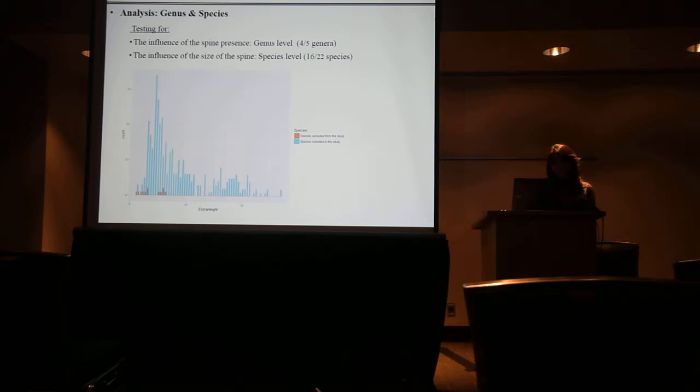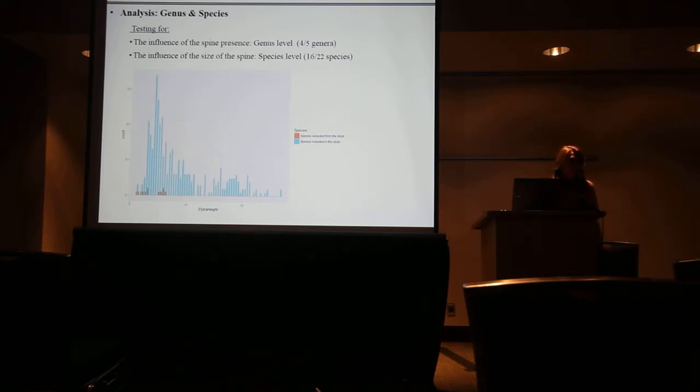This graphic shows the species. In orange are the species that were not included in the testing, because many species in invertebrates, as most of you know, are only known from one specimen, and some of them are very damaged. So I couldn't take all the measurements, and you can't create a hypervolume when one of the traits is not measured.